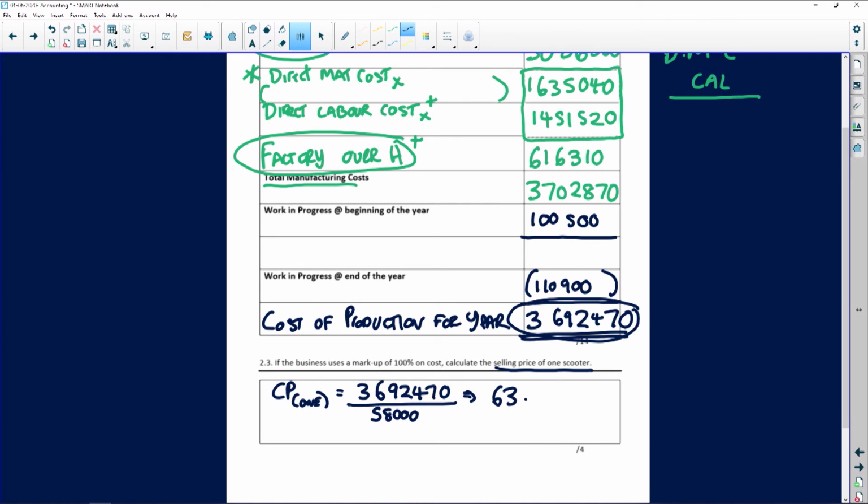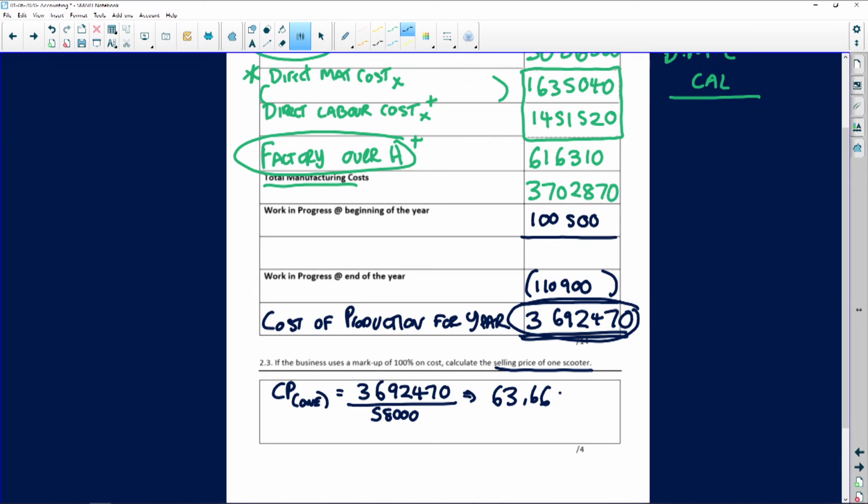Now, if I add the 100% markup, remember guys, all you're doing is multiplying by 100 plus 100, which is 200, divided by 100, or you can say just multiply by 2, either way doesn't matter.